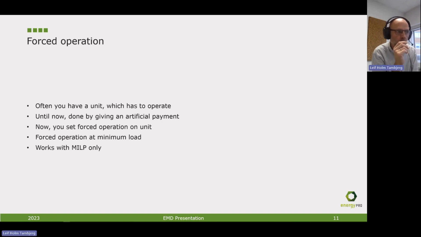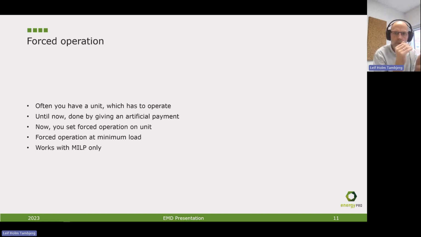But then that would disturb the objective calculation of the MILP. But from now on, you can define that a specific energy conversion unit is forced to operate. And this forced operation is at the minimum load of your energy conversion units.